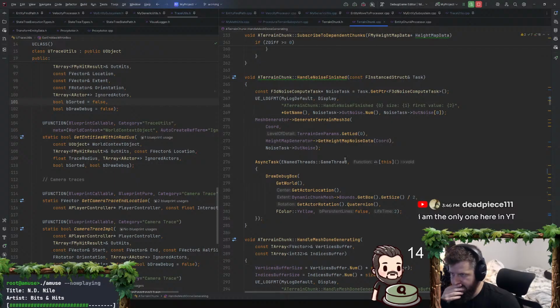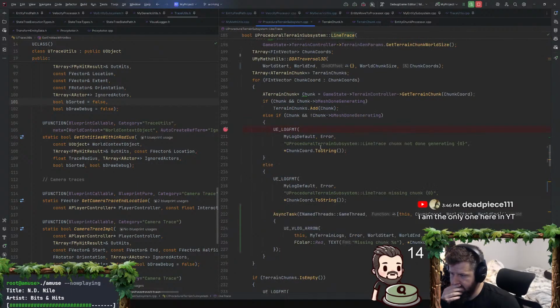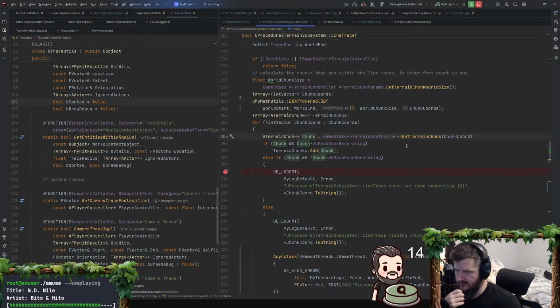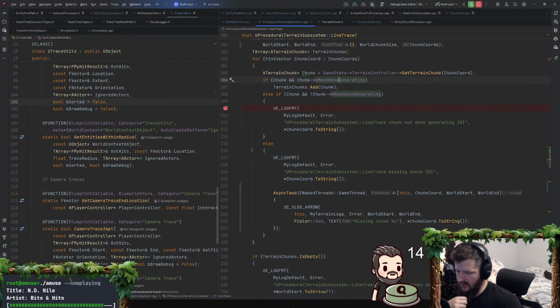Let me see. This is specifically when a chunk coordinate belongs to a terrain chunk that's not rendered.